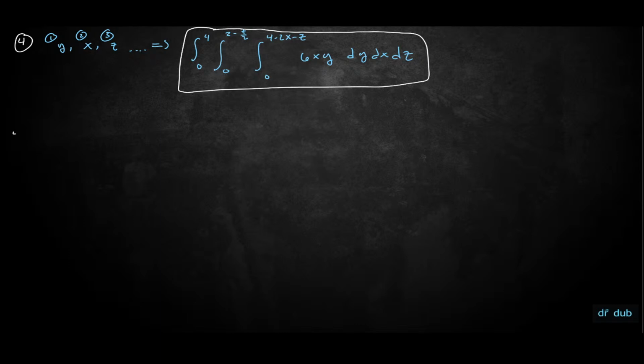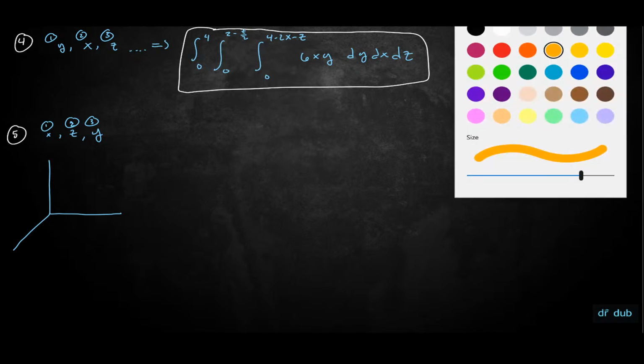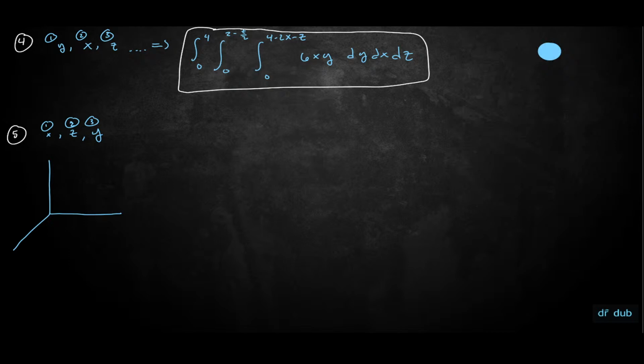The fifth one, I'll call it, would be to do maybe x first, then z, then y. So again, we'll draw the three-dimensional region, the tetrahedron, with intercepts 2, 4, 4.